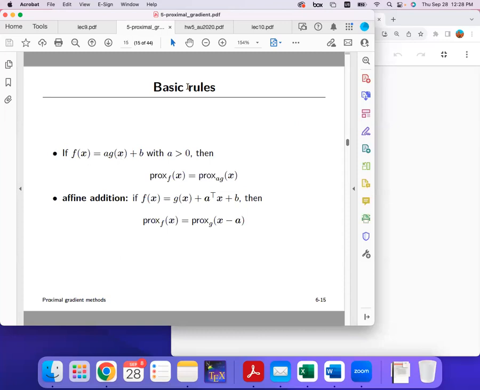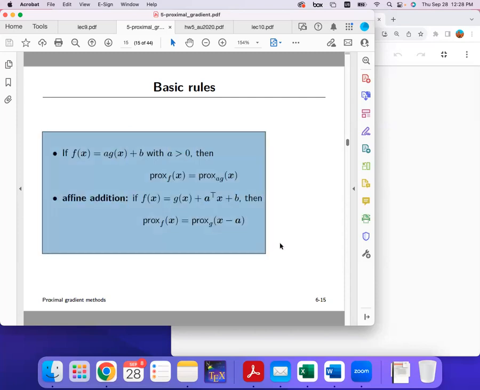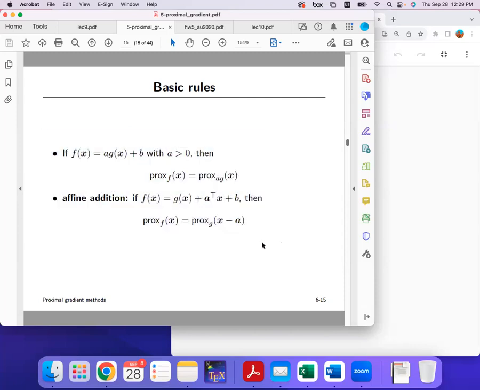And there are some basic properties associated with this proximal mapping. For example, if the function f is an affine transformation of another function g, then their proximal mappings have the following relation: proximal f equals the proximal mapping of alpha times g.